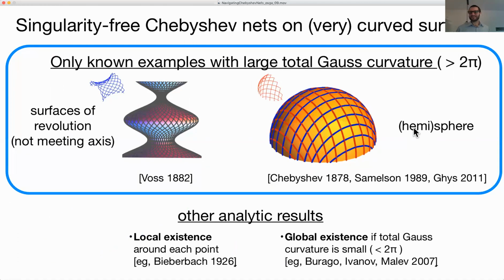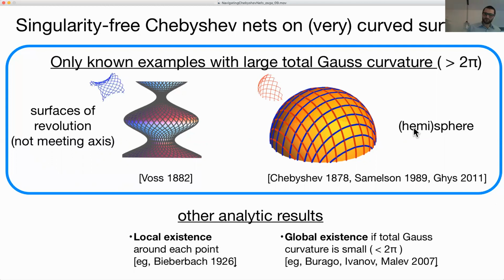Other than that, it is not known that there exist singularity-free Chebyshev nets on very curved surfaces. It's known that around every point on a surface, you can have a little patch of a Chebyshev net, and it's known that if there's not very much curvature at all, then you can have a Chebyshev net. But other than those two examples, we have already exhausted everything that's known at that time.